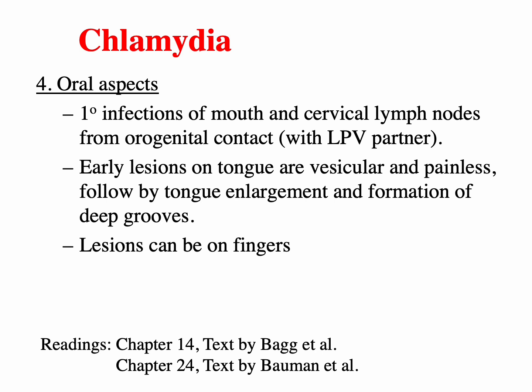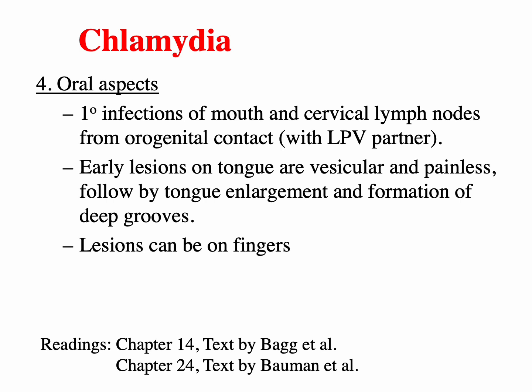Oral aspect: you can have primary infection. Again, this comes from oral genital contact, and then the cervical lymph node can be affected. So the oral cavity and the cervical lymph node can be infected from oral genital contact, obviously with an LGV partner. Early lesions can be on the tongue, and then there are vesicular lesions.